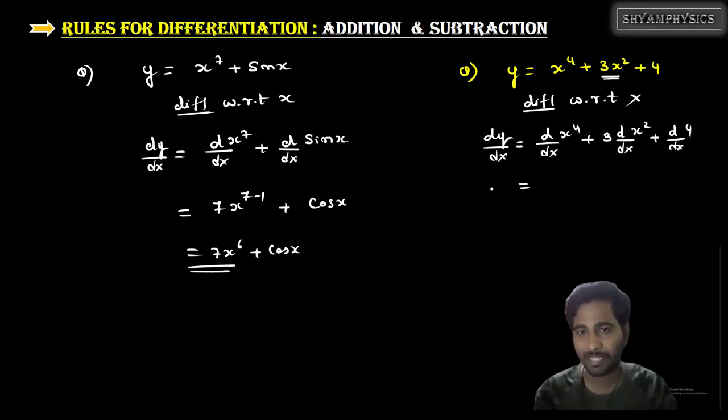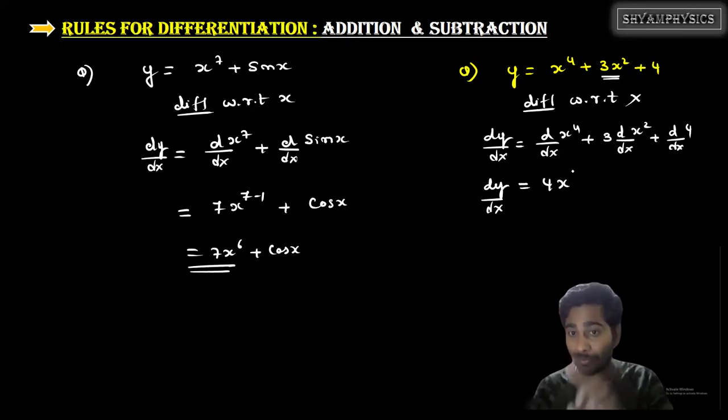Now first term, dy by dx is equal to x to the power 4 differentiation, 4x to the power 4 minus 1, right? It is 3 plus 3 as itself.